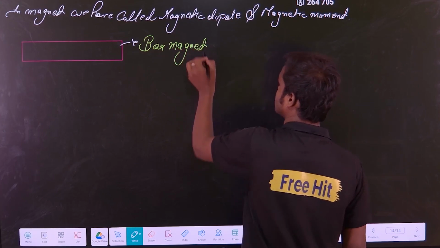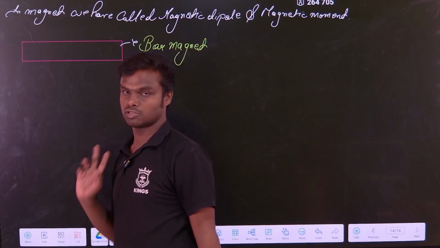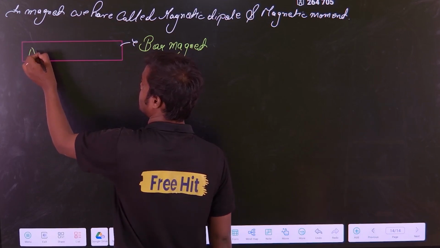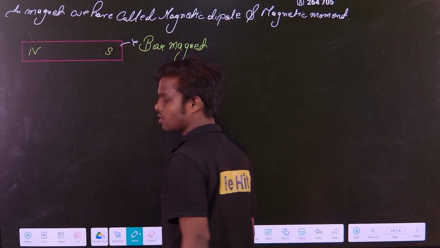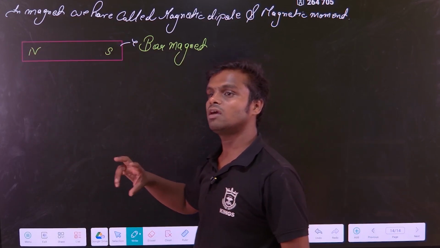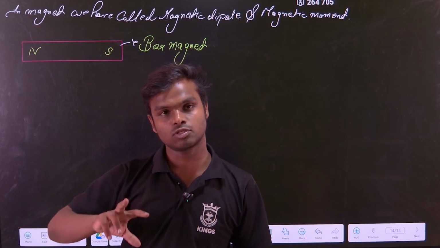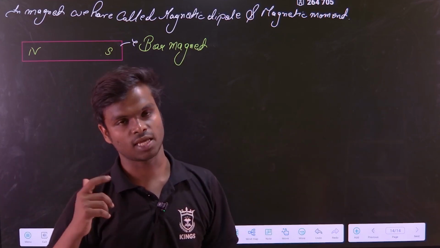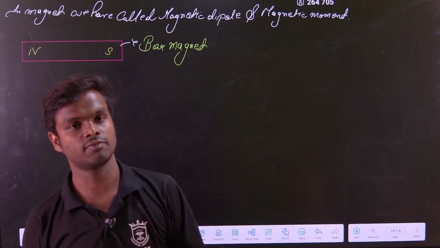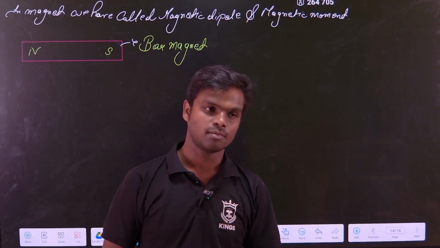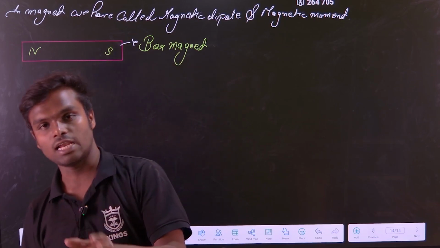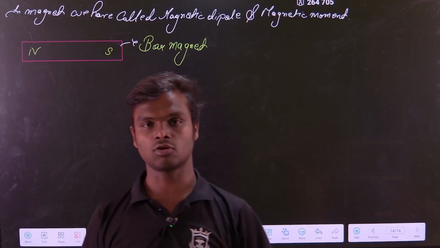So if it is a bar magnet, we know there are two poles, one north pole and one south pole. We try to build an analogy between electrostatics and magnetism whenever we study the dipole. The electric dipole is exactly the same as a magnetic dipole.